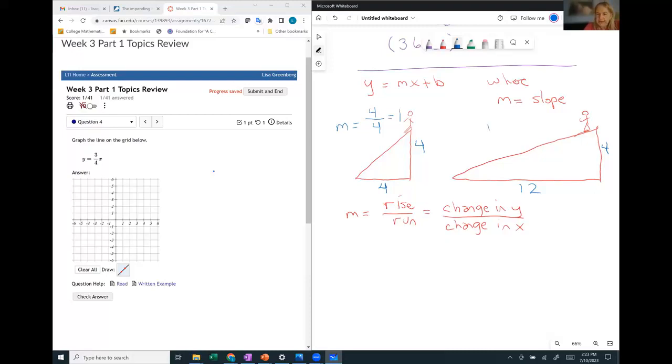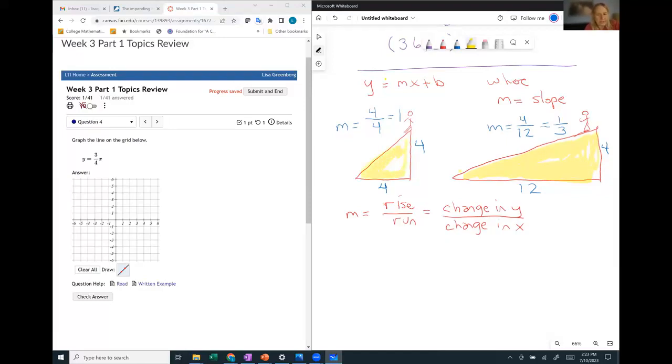And for this one, we would have m equals 4 over 12, right? Which is equal to 1/3. This triangle has a smaller slope than this triangle, which is what we said.